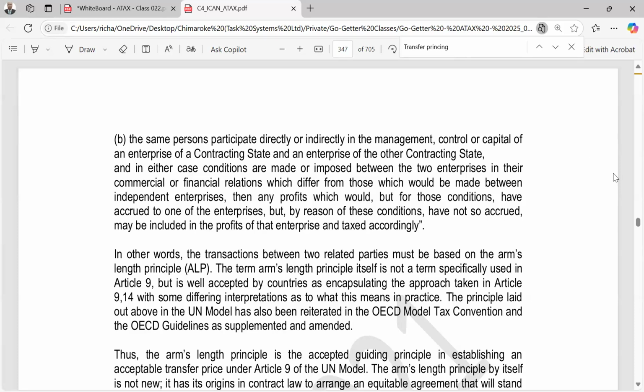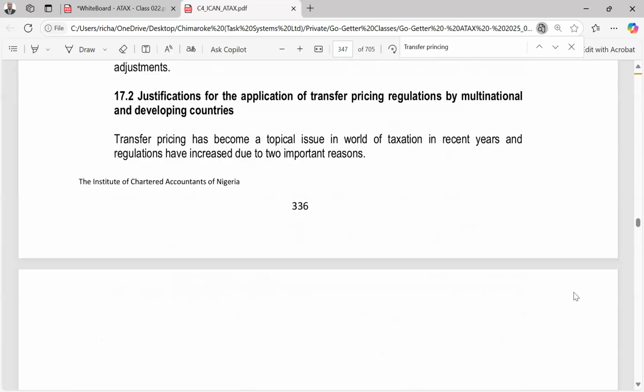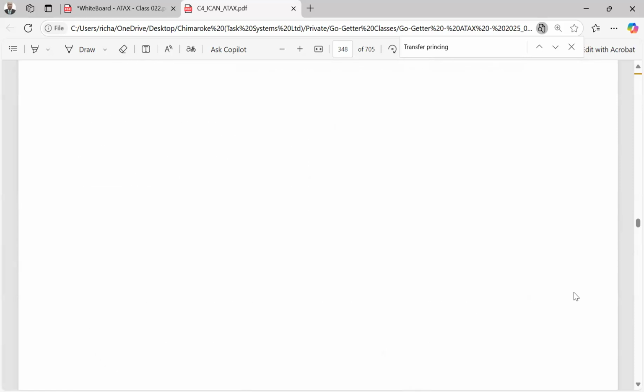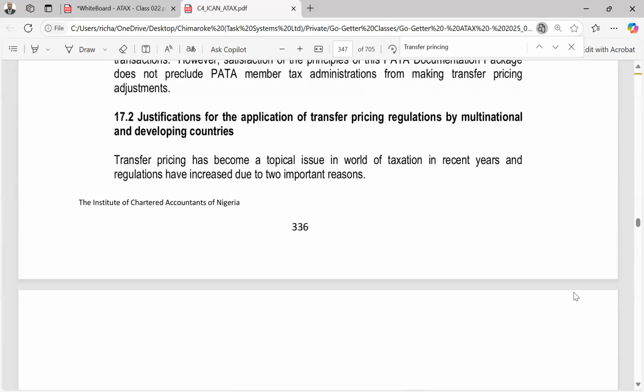Now, in other words, they are saying that the transactions between two related parties must be based on the arm's length principle. We are going to talk about that in a moment. So let's go straight to some of those things and avoid some of these technical legal jargons.